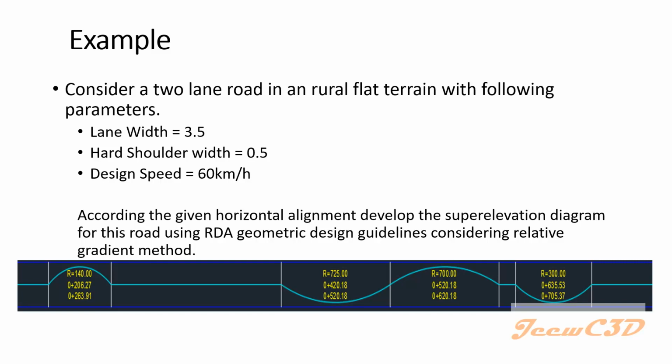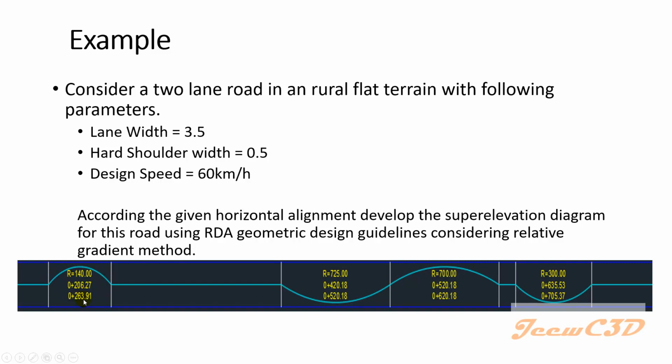So this is a typical alignment. This is a straight section. It starts from 0 and comes until 206.27, that is the length of this part, and after that point we have a curve, and that curve will end at 263.91.